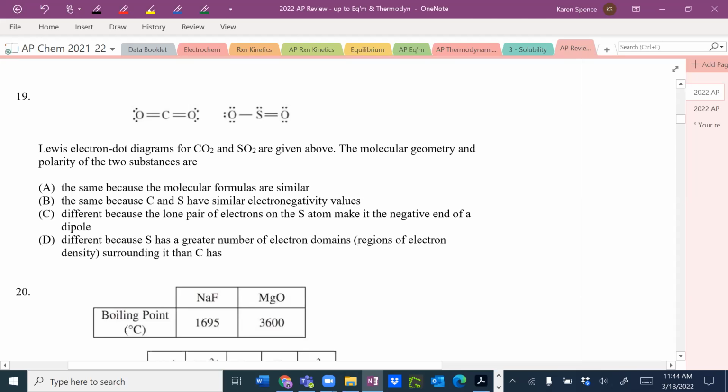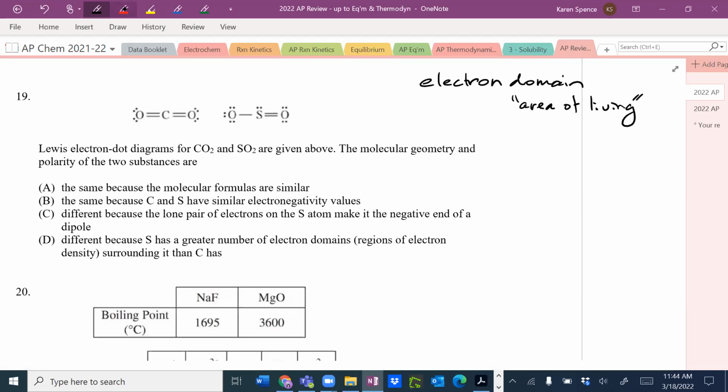Okay. So what is an electron domain? That was a question that was asked earlier. Your domain is sort of where you consider your home. So it's like an electron area of living, okay? So when we're talking about electron domains, we are talking about lone pairs. A lone pair is an electron domain.